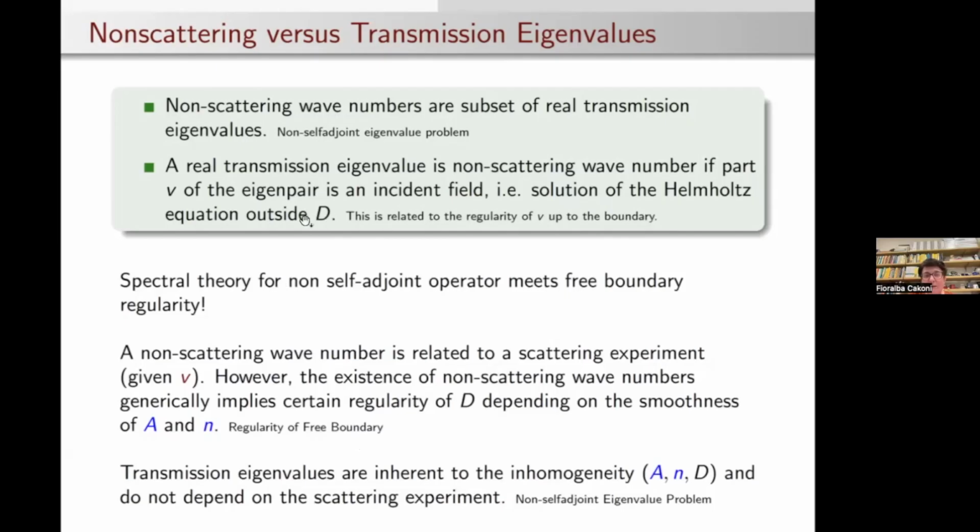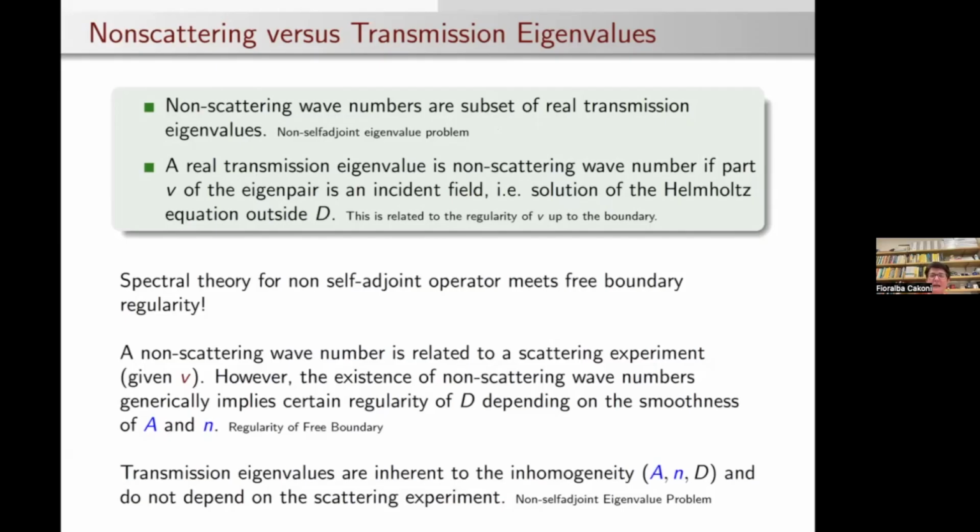But in general, where the scattering problem makes sense, the V part should be extendable as a solution to the Helmholtz equation in the exterior of D. The first item is basically the understanding of this non-self-adjoint eigenvalue problem. The second item is understanding when this extendability happens, when a transmission eigenvalue is a non-scattering wave number.